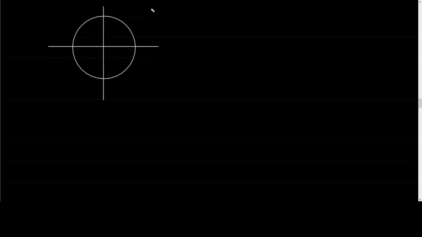Now, if we consider this point P here, being x comma y, right? With this angle right here being angle theta. And we consider also this point over here, Q, where this angle here is just the negative version of that.